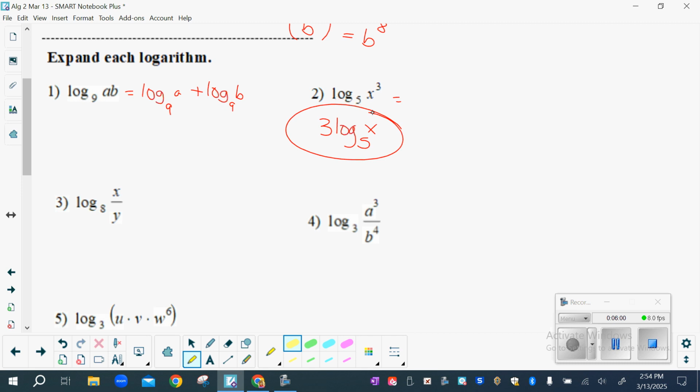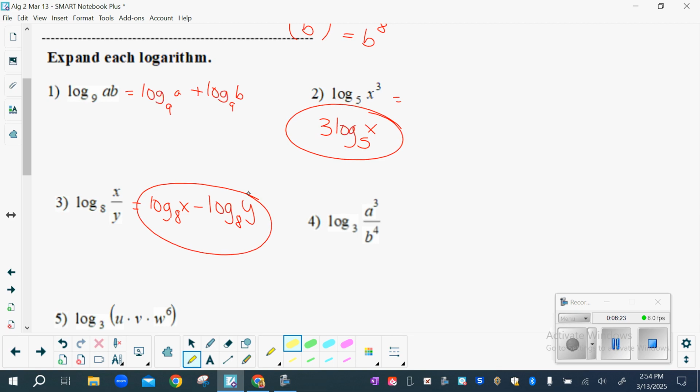Using rule 2. Log base 8 of, minus, log base 8. Yes, good. So we just rewrote it as 2 different logs, and we changed from division to subtraction.